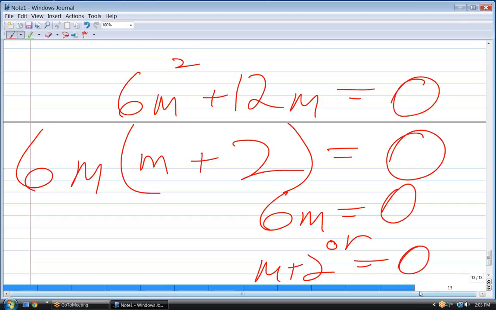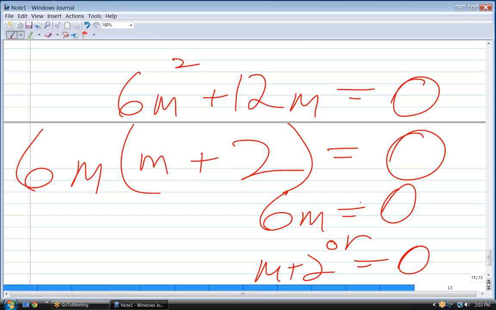Now, it's key to understand they don't both have to equal 0. The theory of algebra says that you can't multiply 2 things together and get 0 unless one of them is 0. So the theory of algebra merely says that one of these things has to be 0. The way we actually do solve these is to set both of them equal to 0.